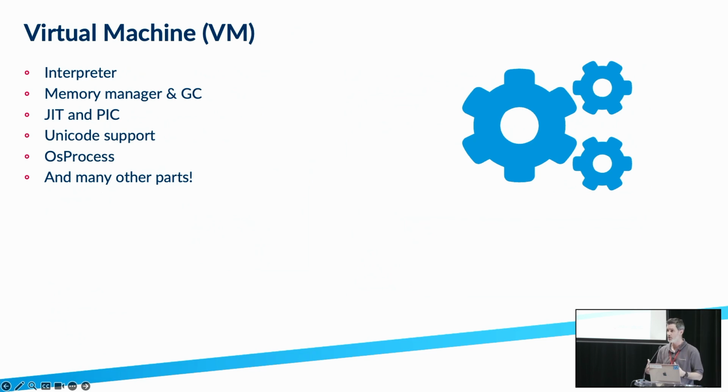Then again, if you now go to the VM, it is also composed of a lot of different aspects, which I won't go into the details of, but we have the interpreter, we have the memory manager and the garbage collection, we have the just-in-time compiler and polymorphic inline cache, we have Unicode support, OS processes, and many other sub-modules.